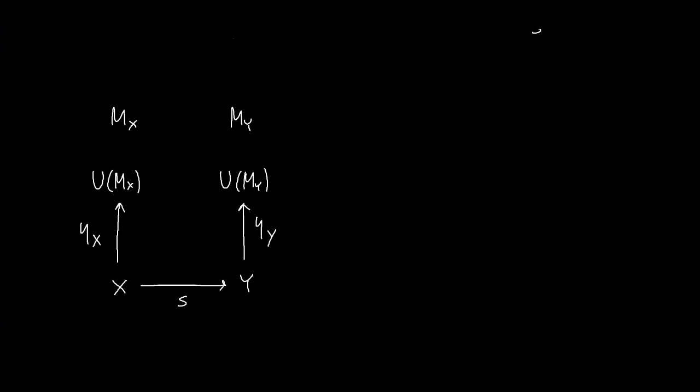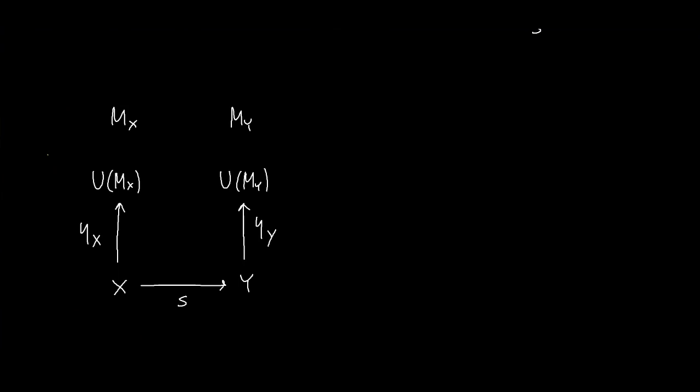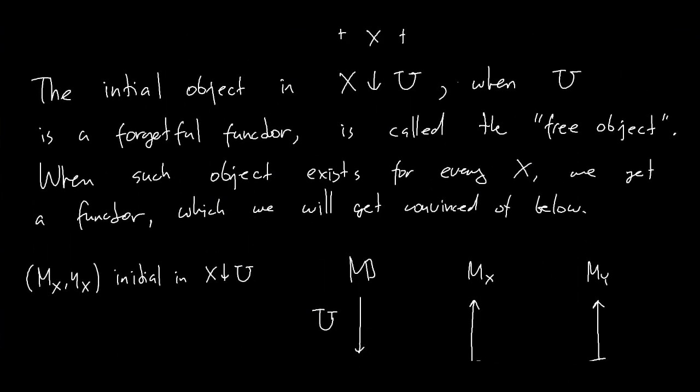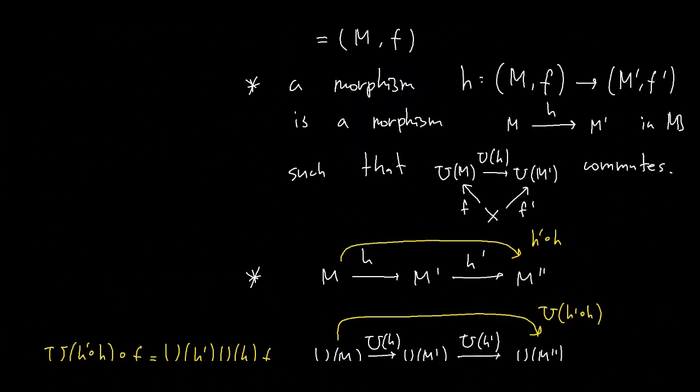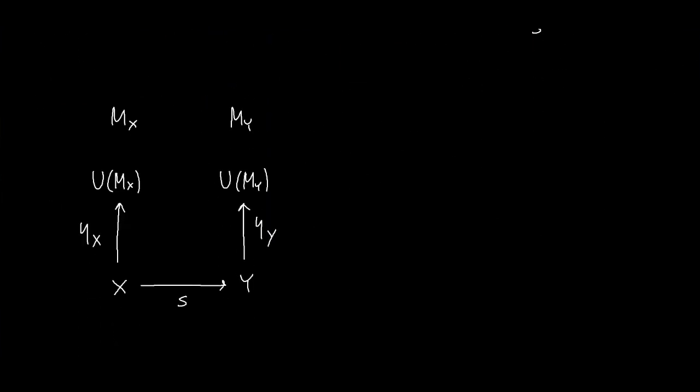We know this thing is an initial object in the comma category, right? It means that for any other object, we'll have a unique arrow going to it. So I need to now specify another object in that comma category to which I will build a unique arrow. And remember that that other object will have to have the same x, because this x was fixed here where that thing was initial.